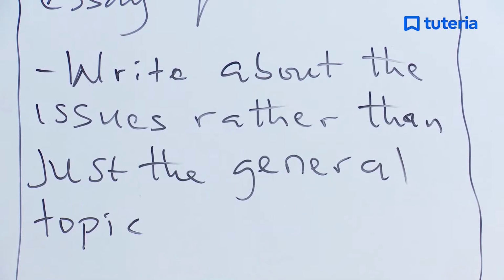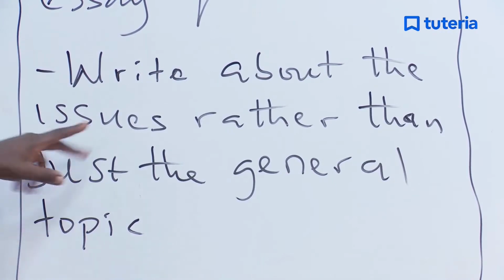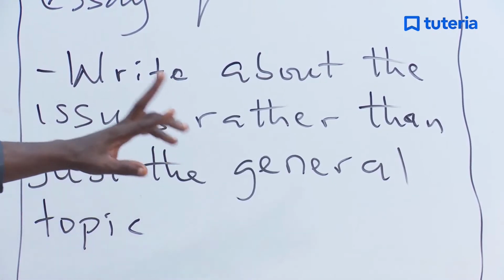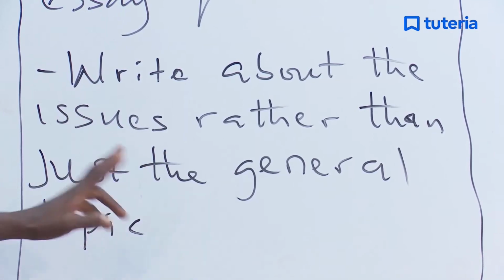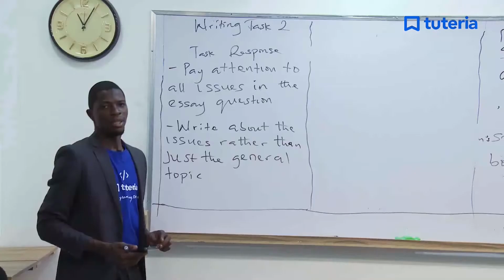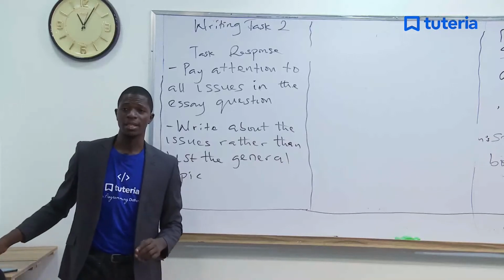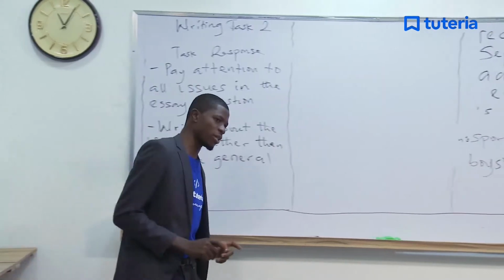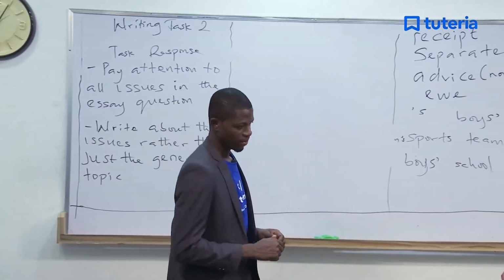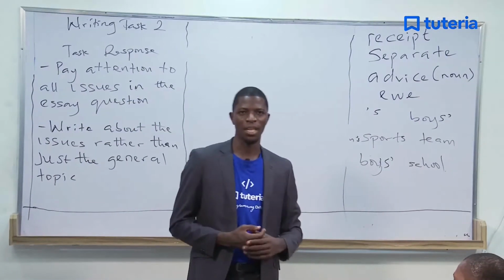Okay, what does it mean? I said write about the issues rather than just the general topic. It means that your response must be specific to the question asked. Do you get what I'm saying?